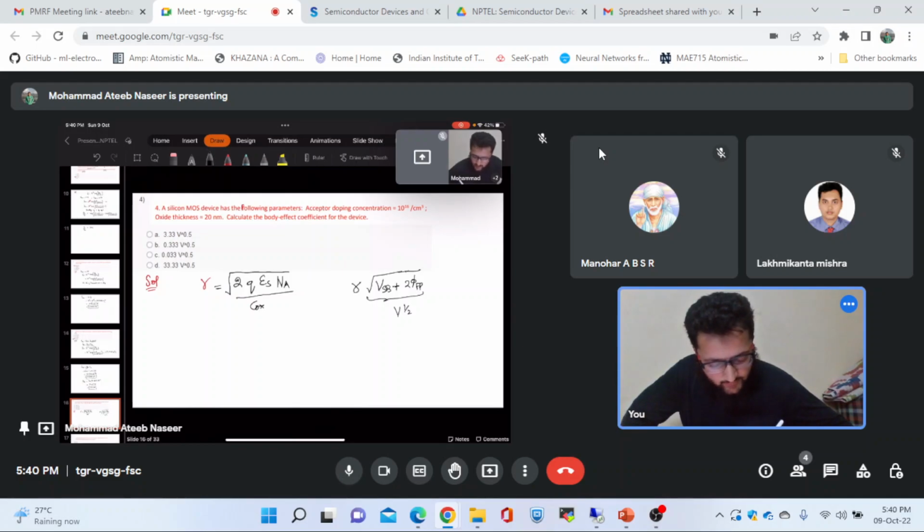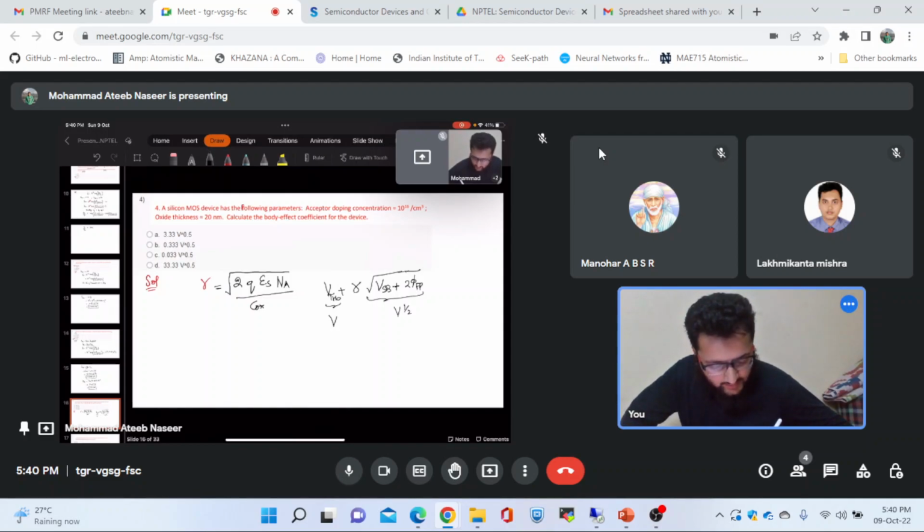Now, if we have to add it with some voltage VTH0, this is the general threshold voltage without the body effect. This VTH0 has the units of voltage itself. Now this quantity over here has the units of root of volt.